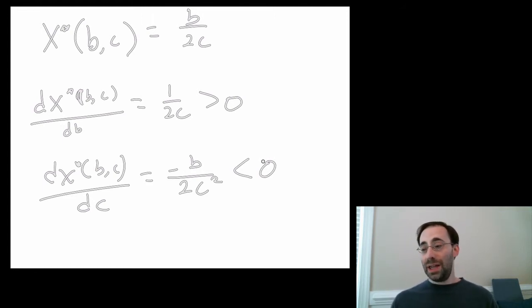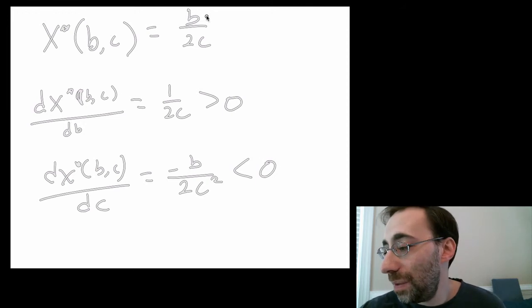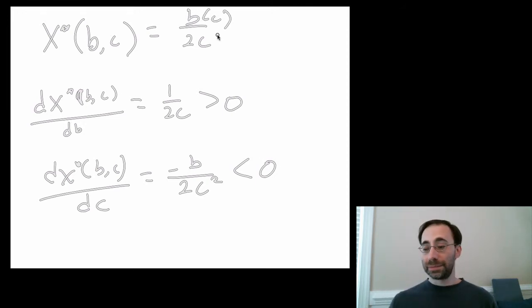Oftentimes, there'll just be a normal one-dimensional effective derivative. It might be the case that your parameters are functions of each other. So for instance, what if b was a function of c itself? Well, then you'd still be using the total derivative, but now since b is a function of c, there's both a direct effect of c on x star, and also an indirect effect of c on x star.